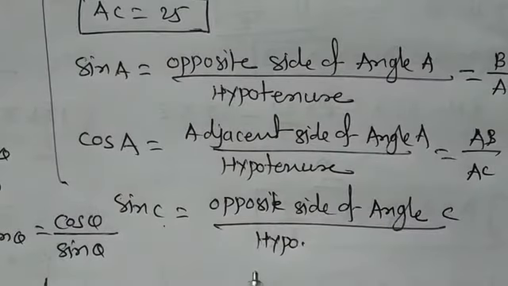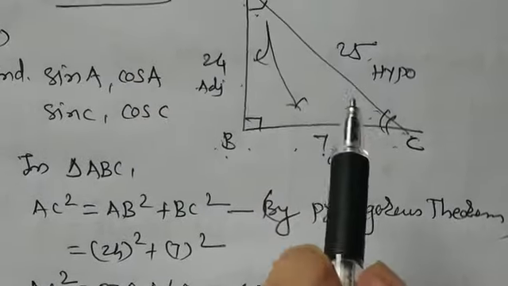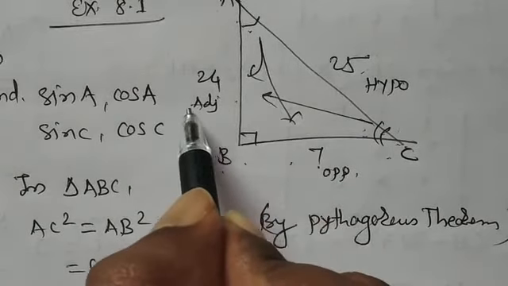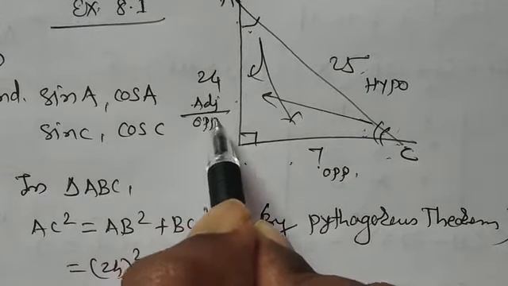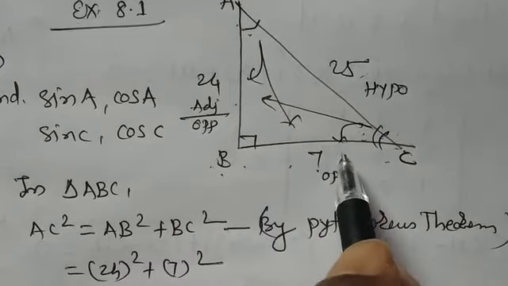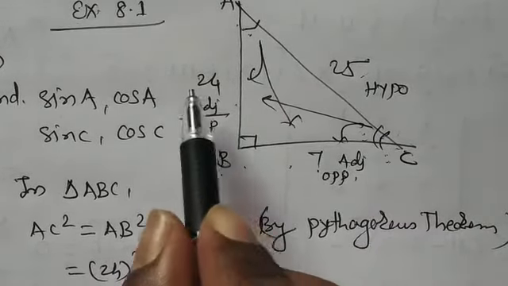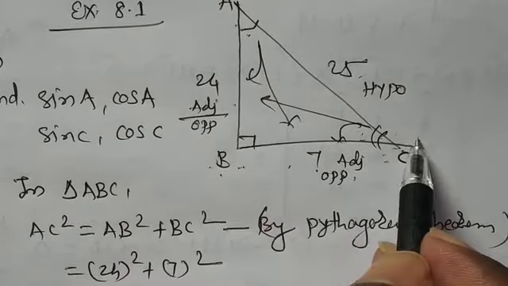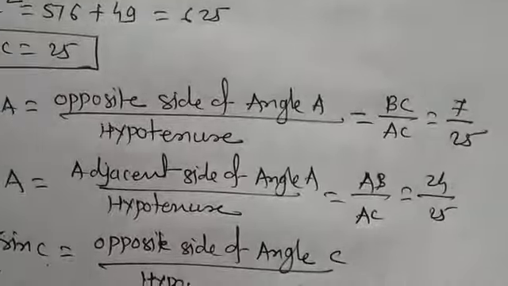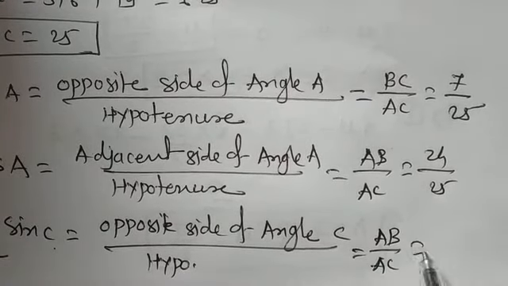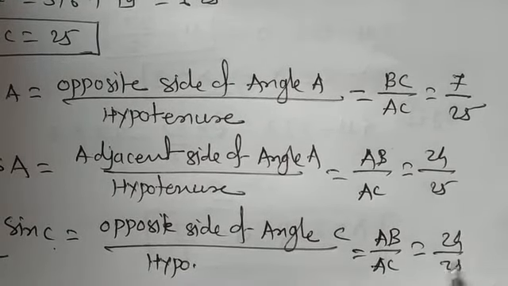Now tell me, for this angle, this is the opposite side, and this is the adjacent side. For sin C, the opposite is AB upon AC, so this is AB upon AC, equal to 24 by 25.